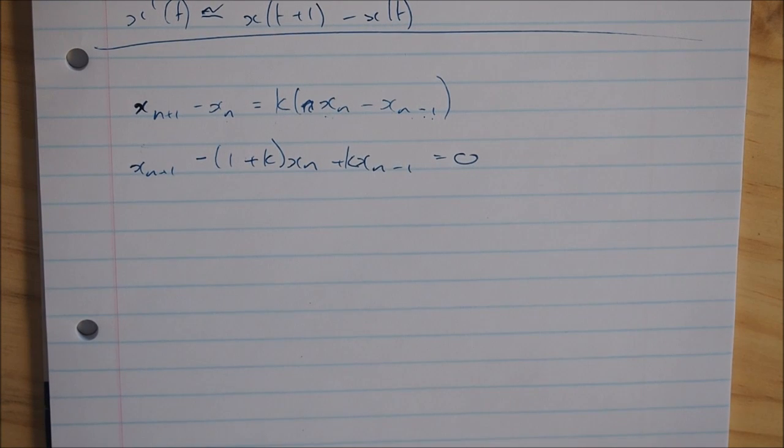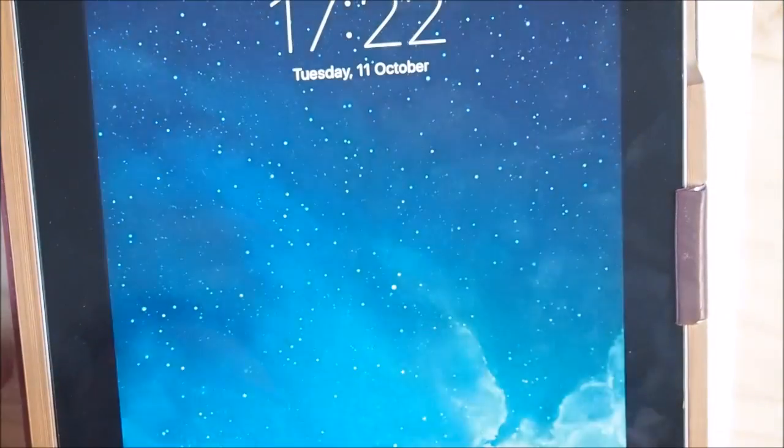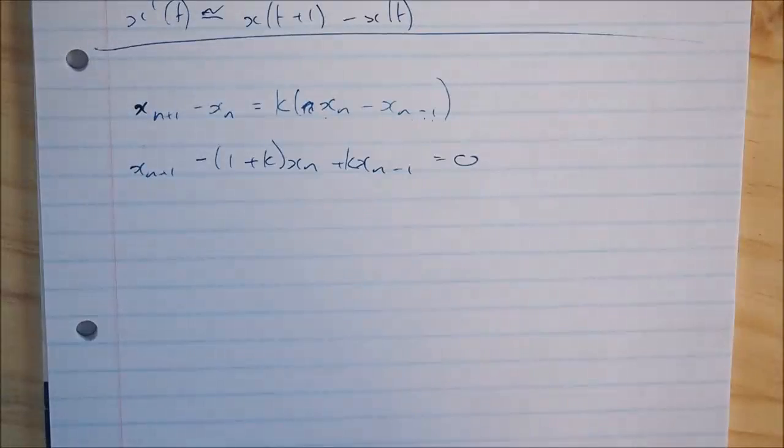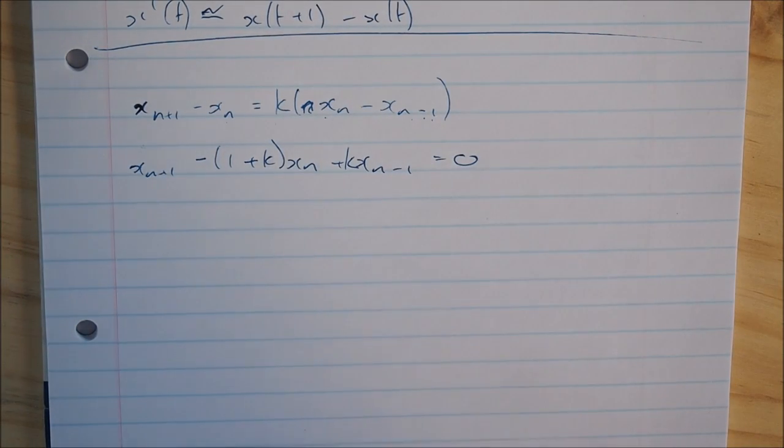And once again, you can go through in the notes and see. At the beginning of this chapter, we do discuss it.